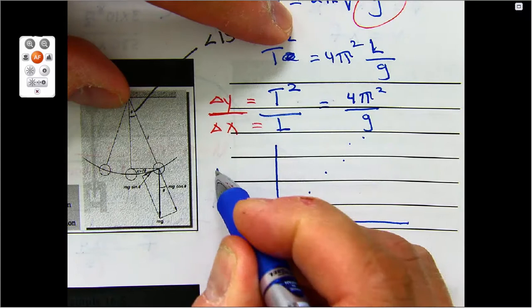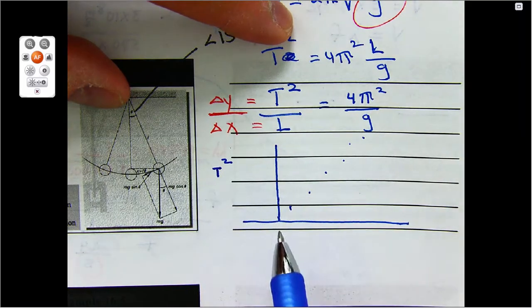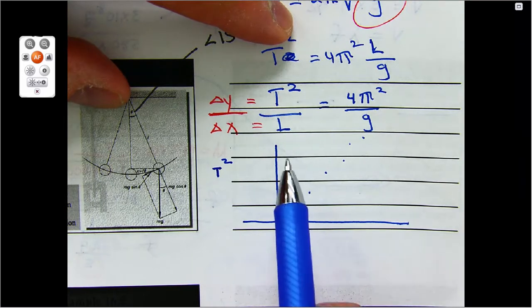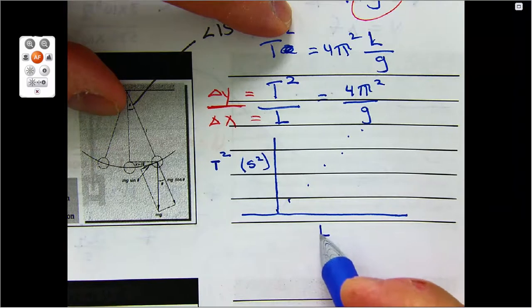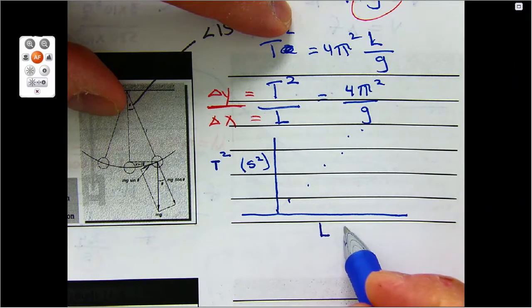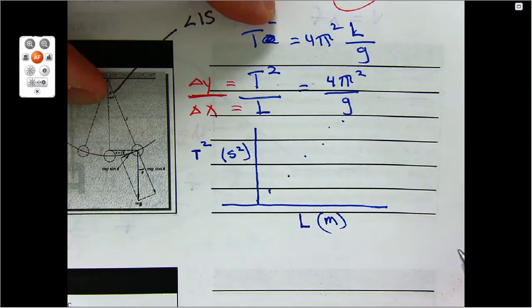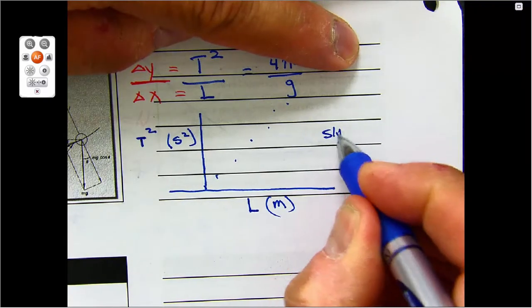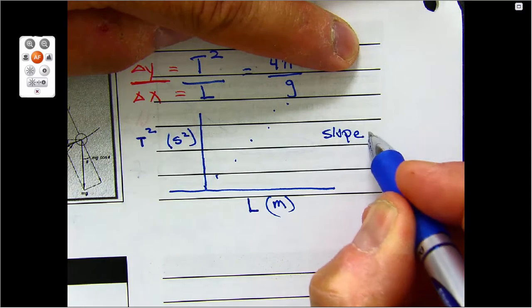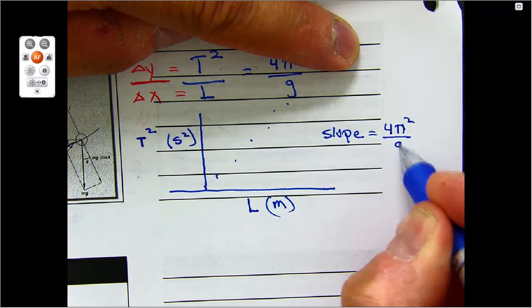This is going to be period squared on the Y. So what's my units going to be? And on the X is going to be length. So this is meters, right? So your slope is going to equal 4 pi squared over G.